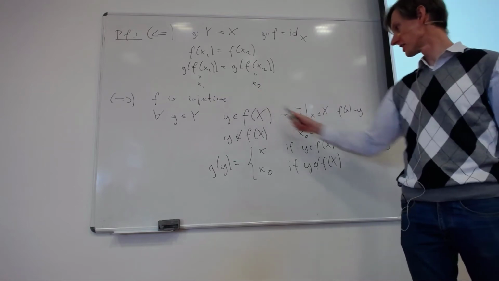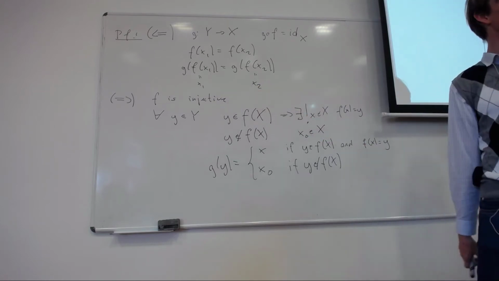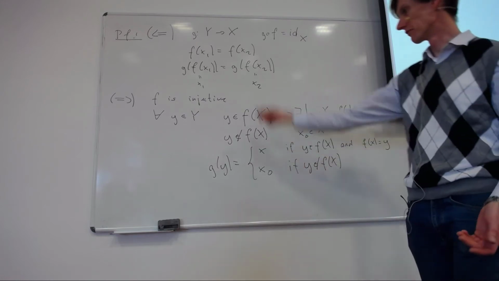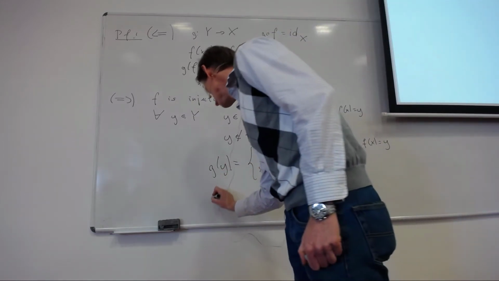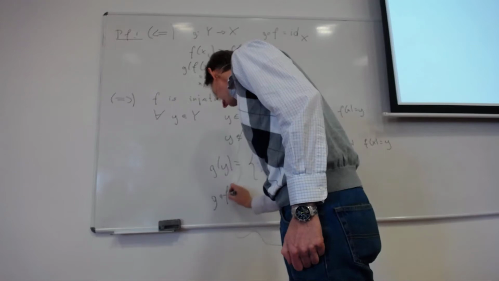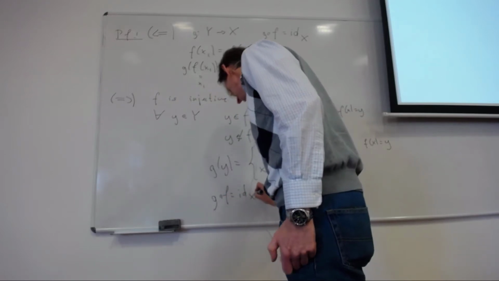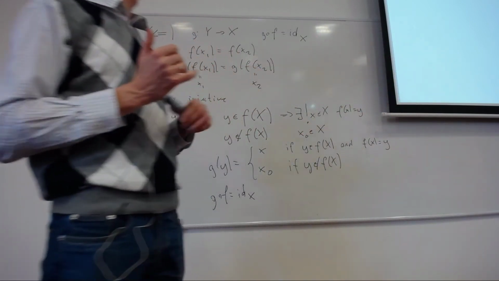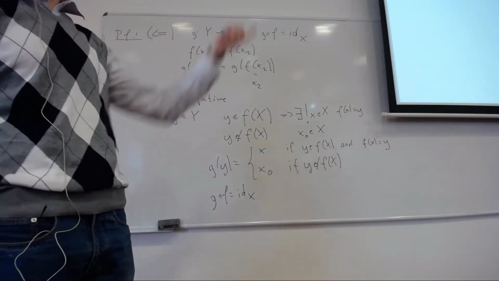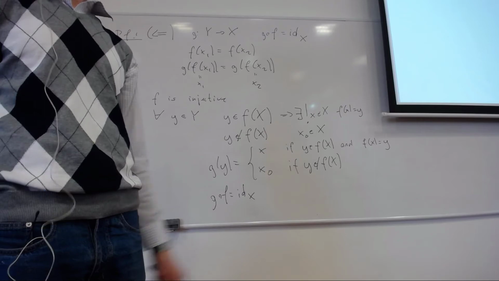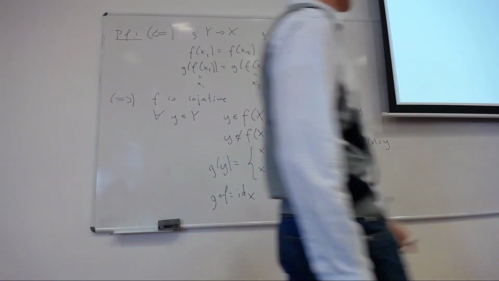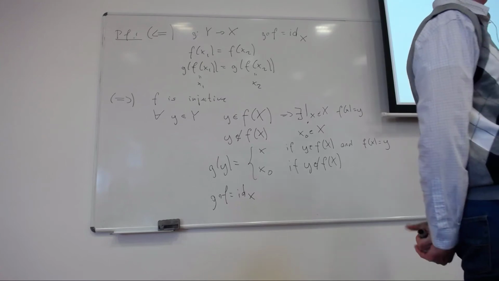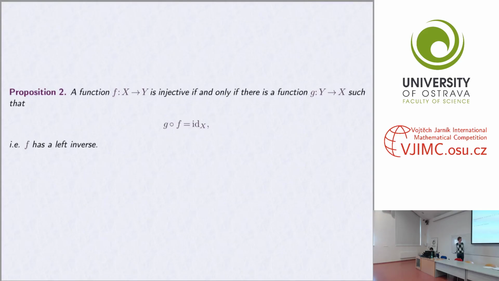Because f is injective, this point x is uniquely chosen, so it definitely is a function. And from the construction, it follows that g composed with f is identity on X. So everything checks, and it seems to be a good idea to accept this theorem, or this proposition, as a new definition of injectivity.